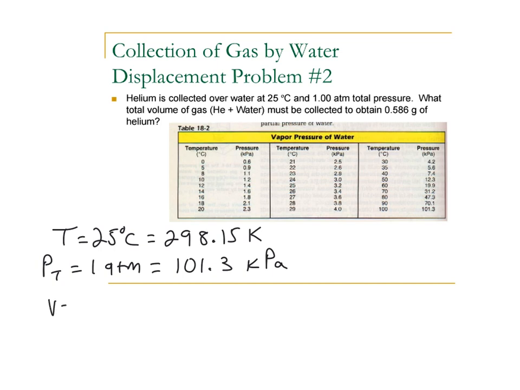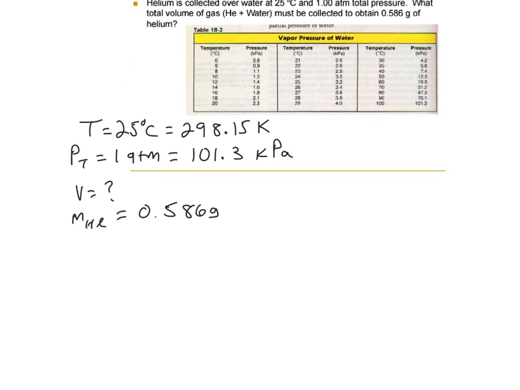Next thing here, looking for the volume. Now this is interesting because the volume of the water gas is the same as the total volume, which is the same as the helium gas volume. All right, and I'm also given the mass of helium that I want, and it's 0.586 grams. So let me first get this to moles. Convert this helium into moles of helium that I want.